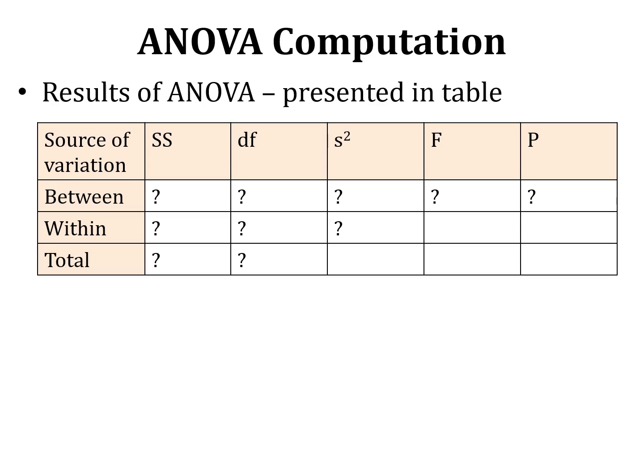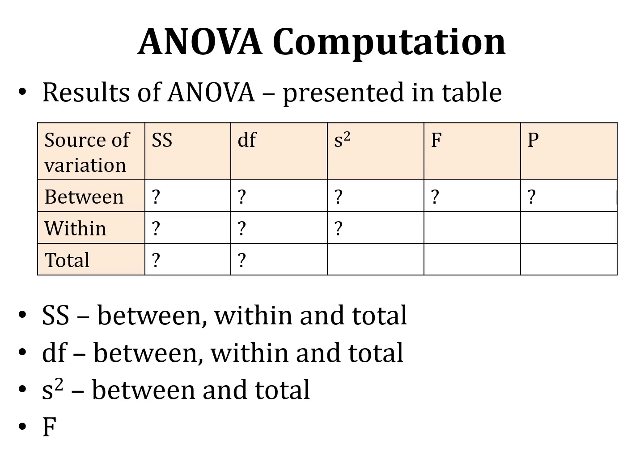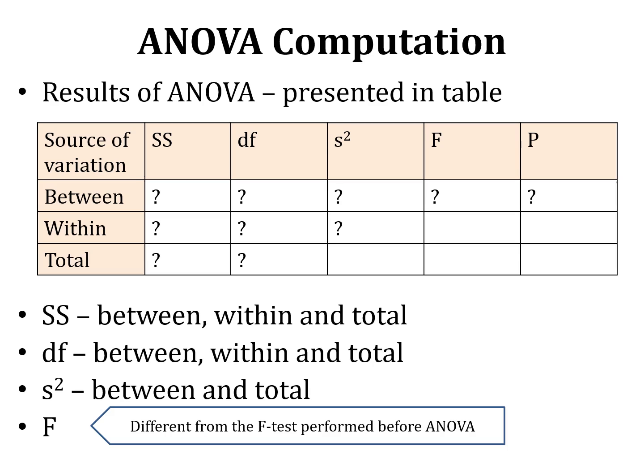Then we calculate the F value, and this F value is different from the F value which is used before the ANOVA. So we are going to perform two types of F tests in ANOVA. One is the F test which is performed before ANOVA to check whether the variances are equal or not, and the other F test is actually the ANOVA test, right?